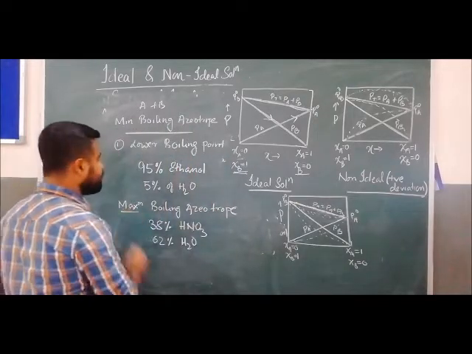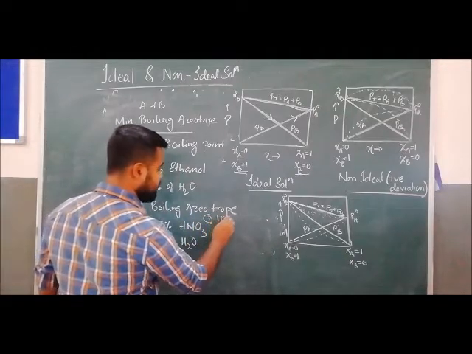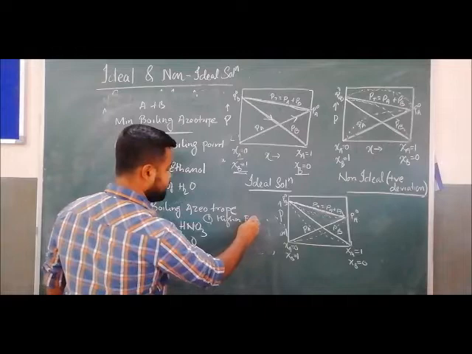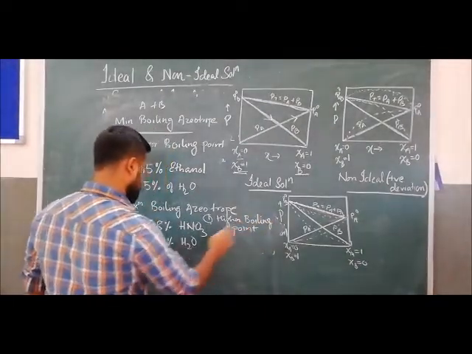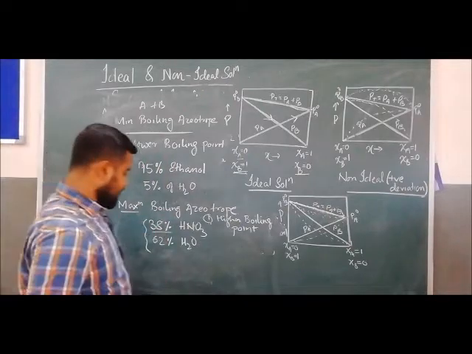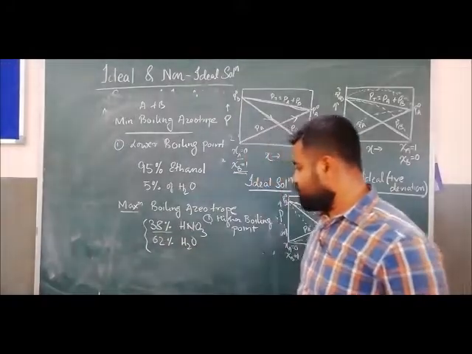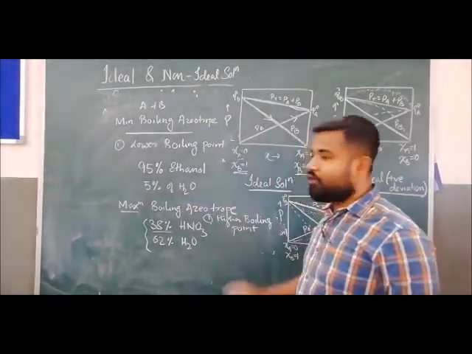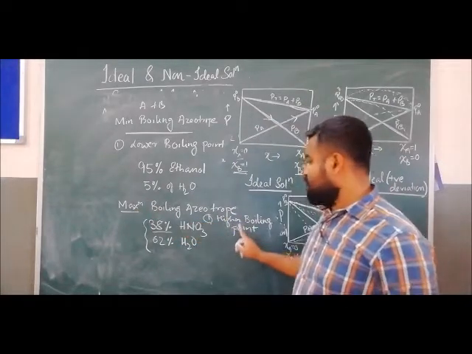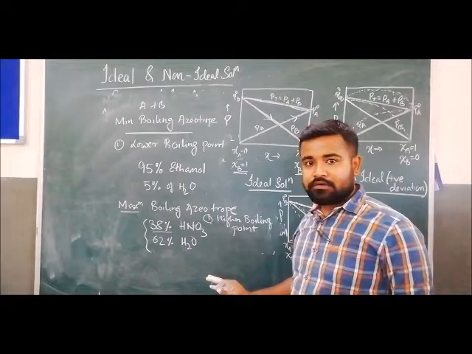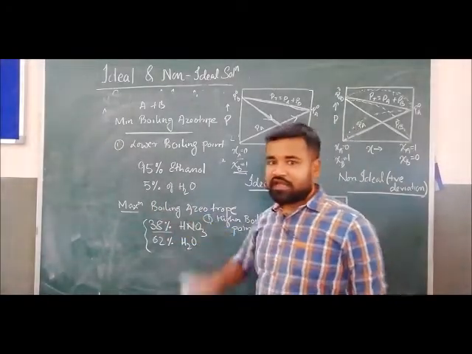Here maximum boiling azeotrope means higher boiling point. It means that the reaction mixture of this composition, when 38% HNO3 and 62% H2O are there, will show the higher boiling point. Clear? So in this composition, it will show the maximum boiling azeotrope.